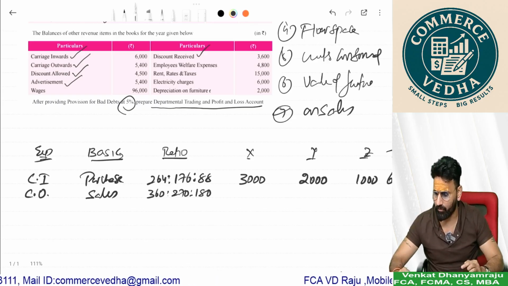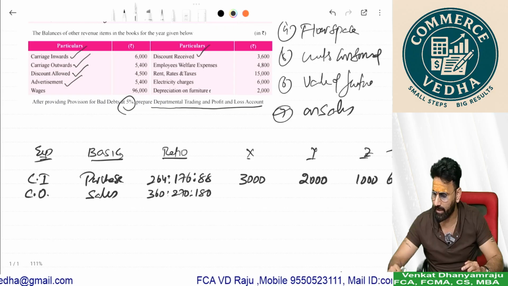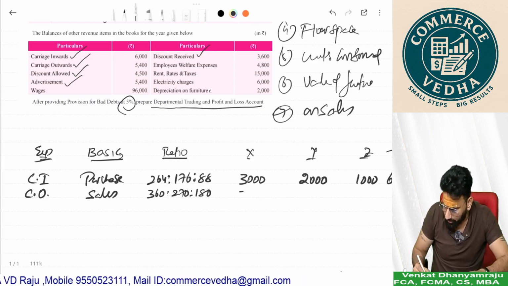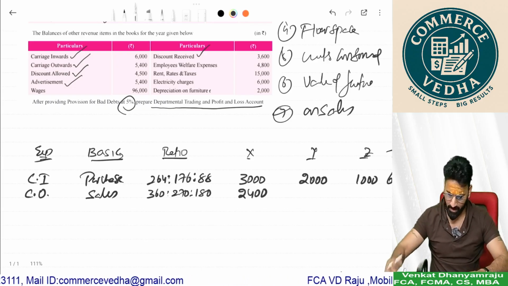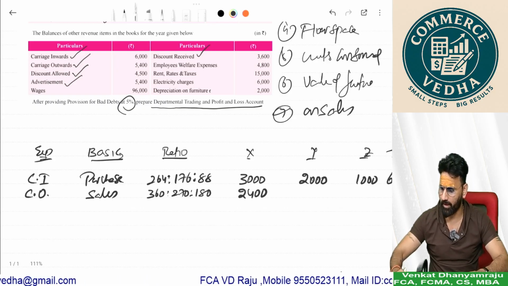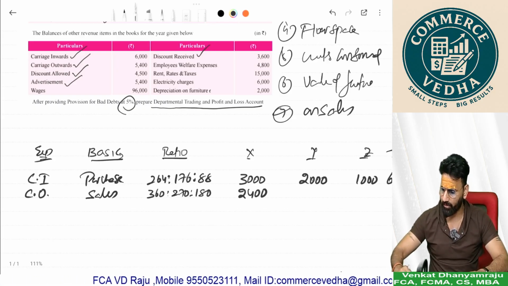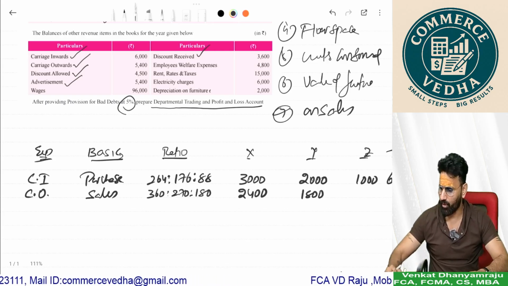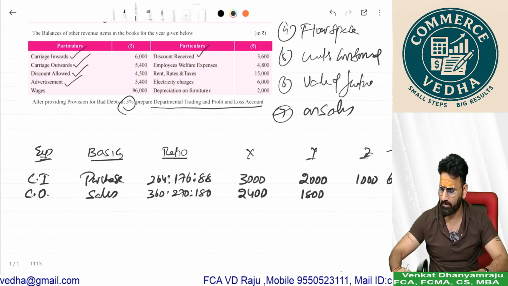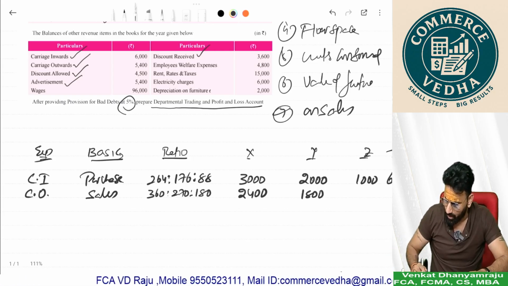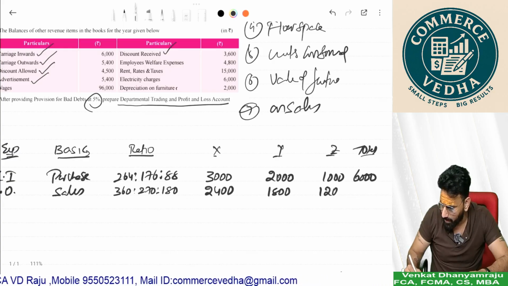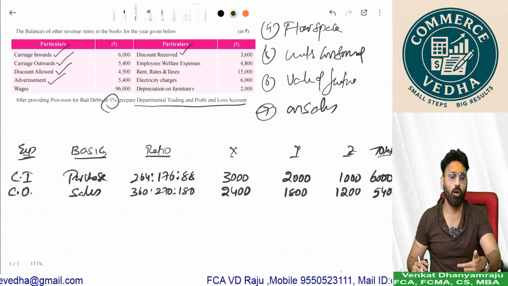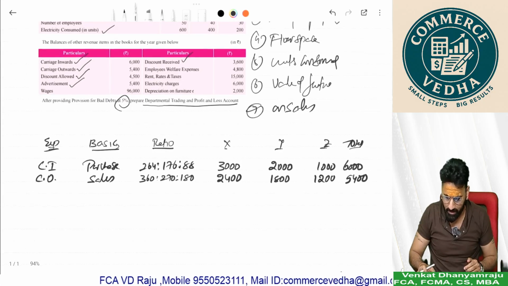Now come to the total value. 5,400 divided by 810 is 6.66, into 360, you get 2,400, and again 5,400 divided by 810 into 270, you get 1,800. So 5,400 minus 2,400 minus 1,800, you will get 1,200. The total is 5,400, the expenditure on carriage outwards allocated to all three departments.